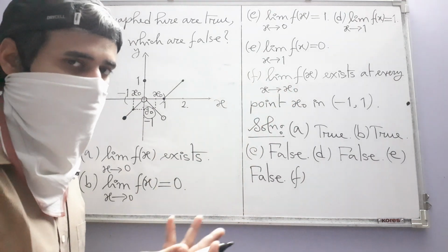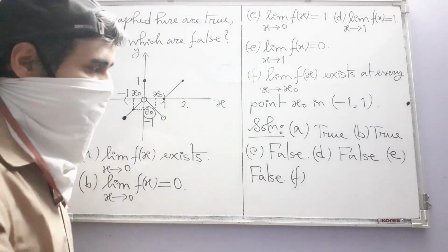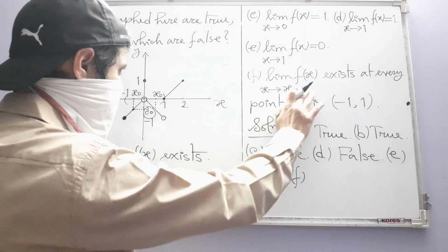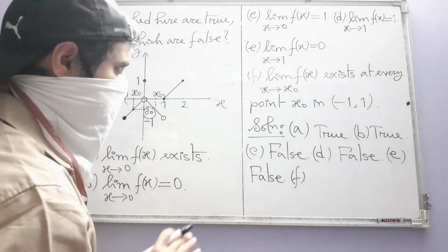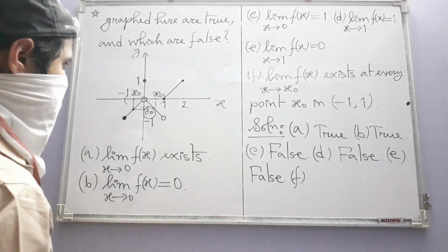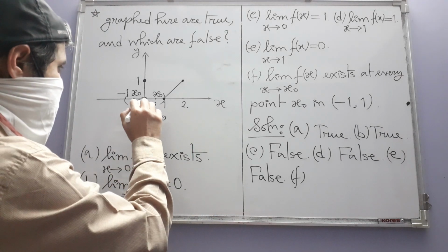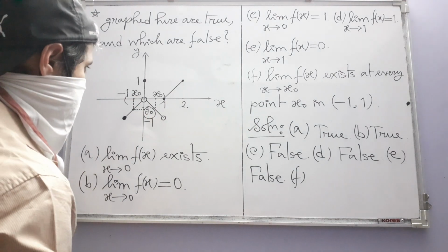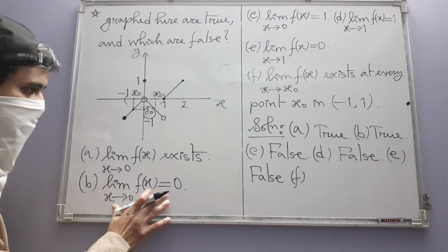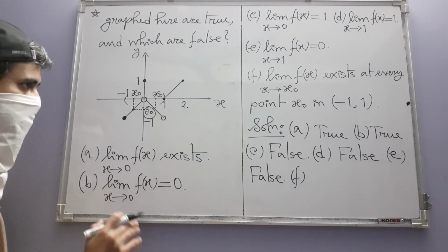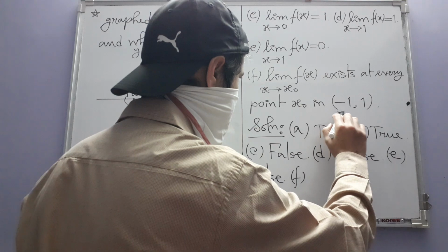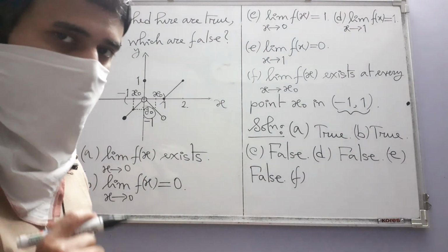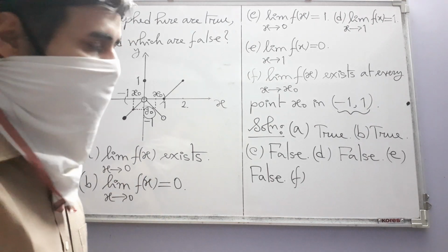Depending on what x0 is, the limiting value will be decided. The limiting value does not matter. The fact that matters is that the limit exists. And what happens at x equal to 0? At x equal to 0, the limit is 0. We have already seen that. So that means at every point in this open interval, the limit of the function exists. So it is a true statement.